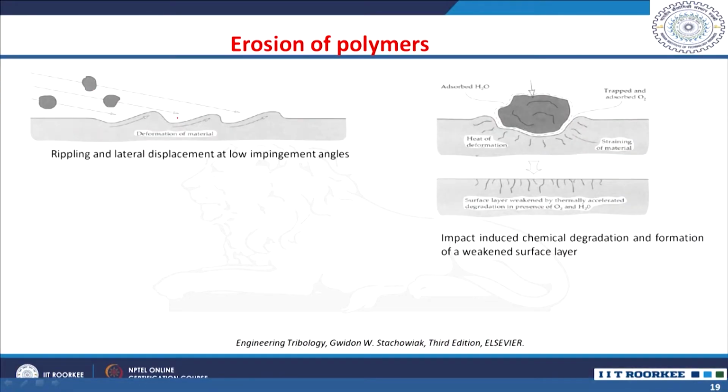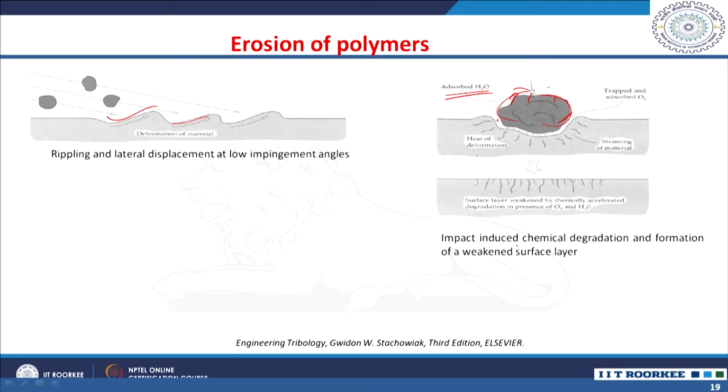Coming to the next category of material, polymers. Polymers, particularly in cavitation erosion, show good wear resistance mainly because of the low elastic modulus. Polymers generally show good erosive wear resistance. When particles impinge on a polymeric material, there can be rippling and lateral displacement at low impingement angles, or impact induced chemical degradation, for example, adsorbed H2O, and that leads to material removal.